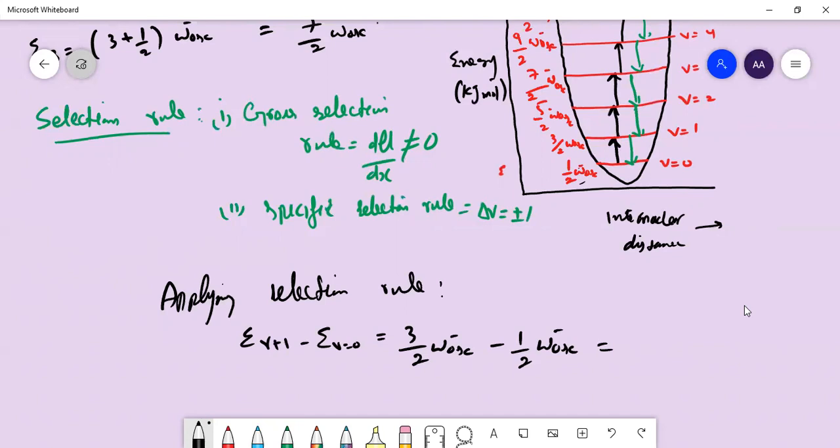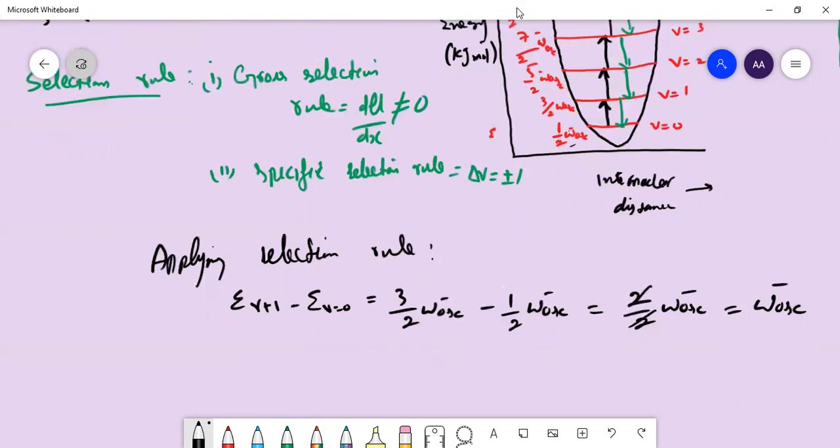The two are the same. 3 minus 1 is 2/2 omega oscillation bar. So this will cancel, and I will get omega oscillation bar. So the difference between our first higher energy level and the ground energy level is omega oscillation bar.